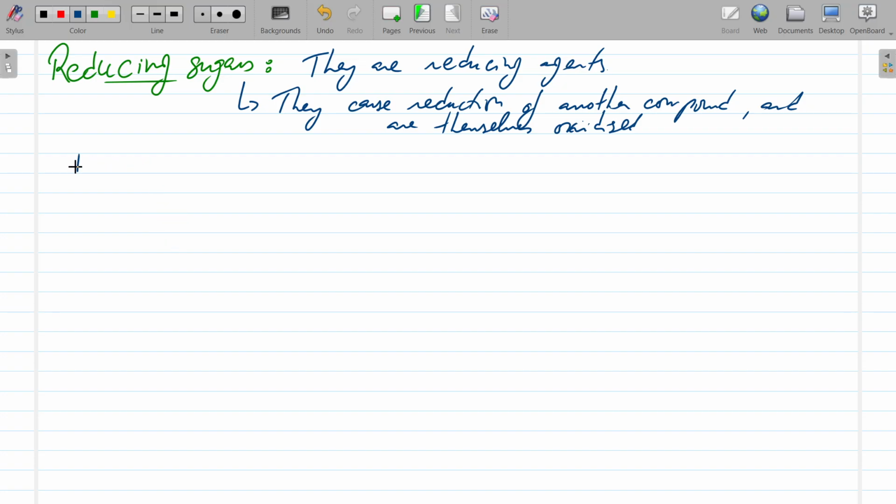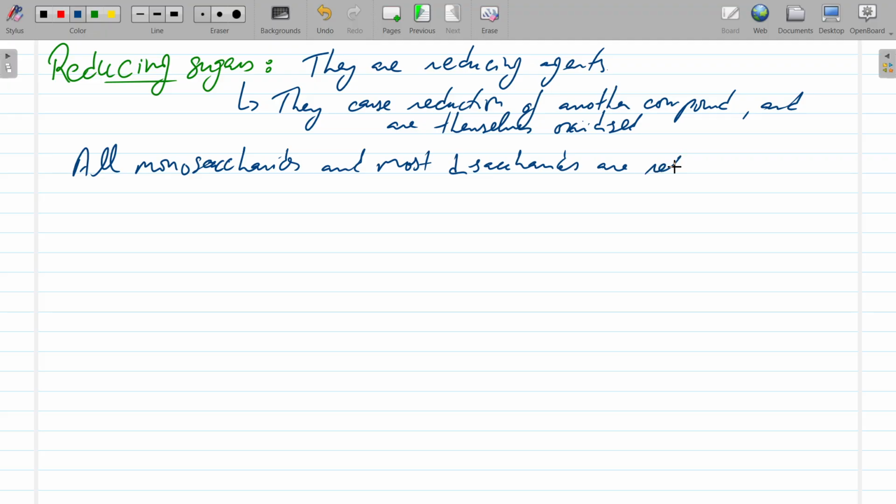Right, so most monosaccharides, or in fact all monosaccharides, and most disaccharides are reducing sugars.